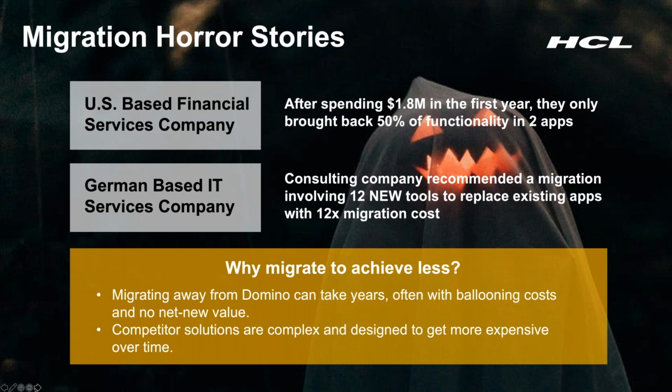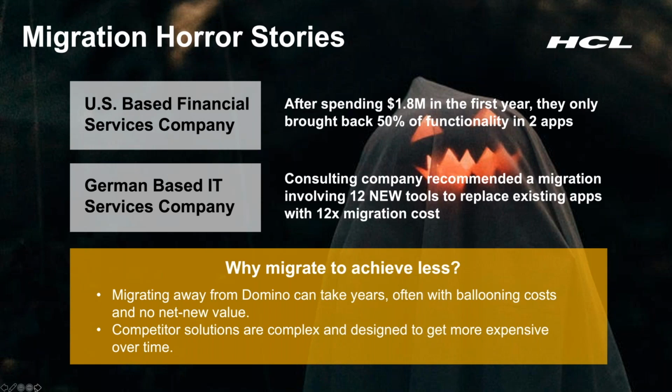But what about other situations out there? For example, there is a very large US-based financial institution that actually spent close to $2 million, actually $1.8 million to be exact. And they got to a point where they were spending all this money and still not achieving the same functionality they had on Domino.